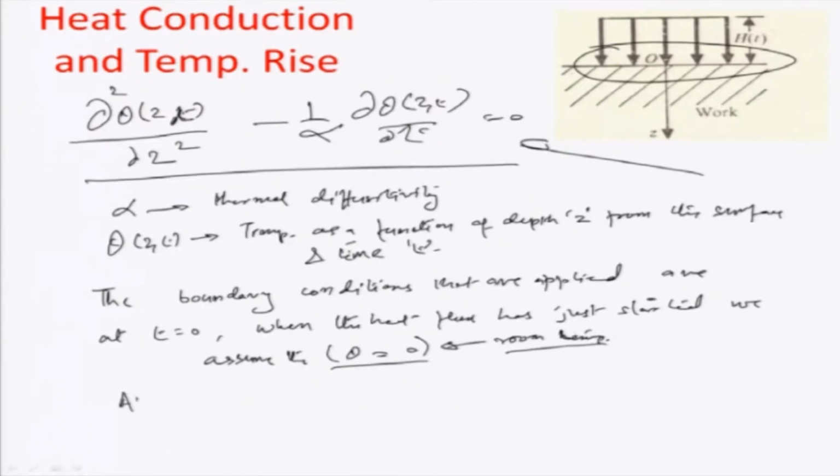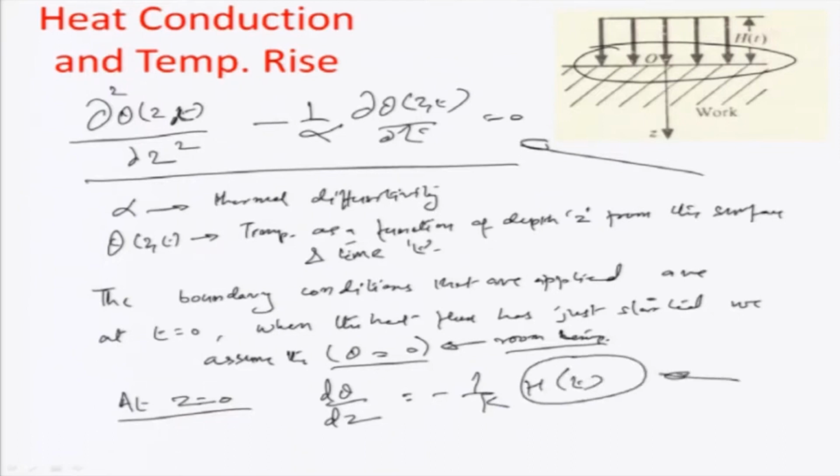So, at the surface with depth z equal to 0, the d theta by dz is actually minus 1 by k h t, where h t is basically the temporal heat flux, which is sent within the workpiece. K is the thermal conductivity of the material.